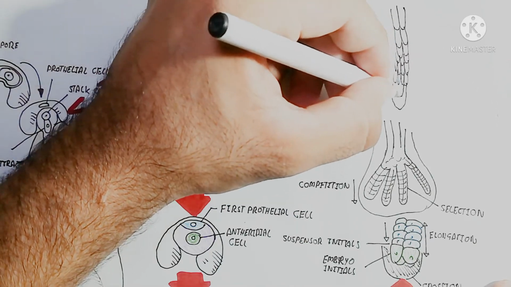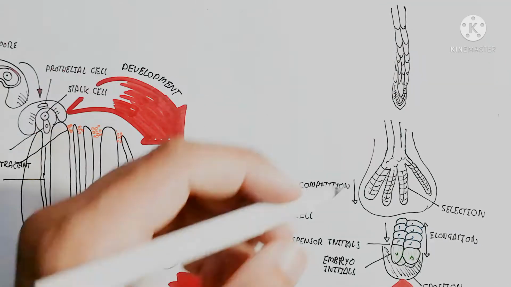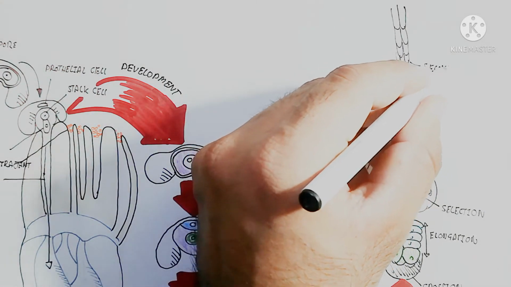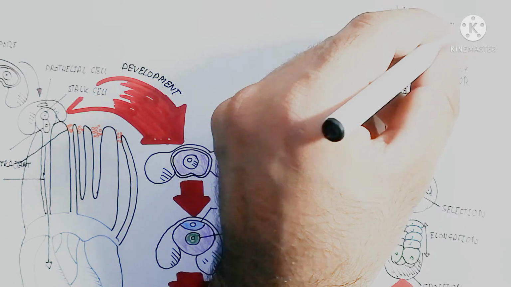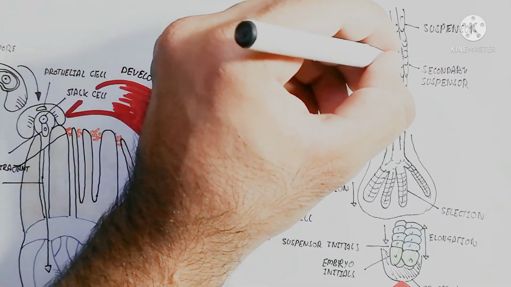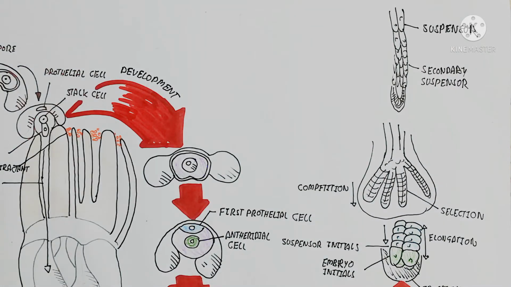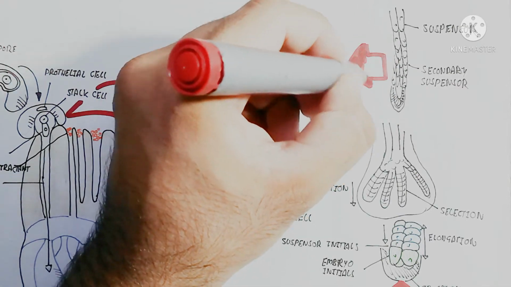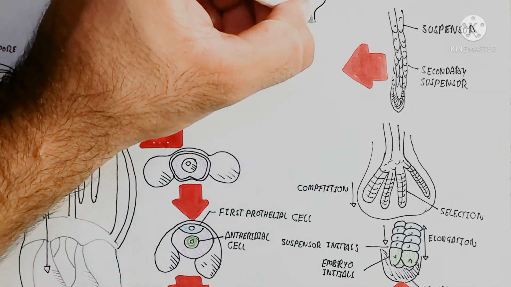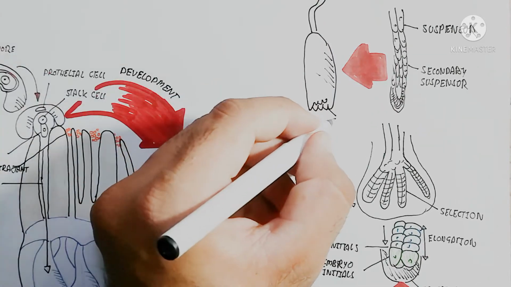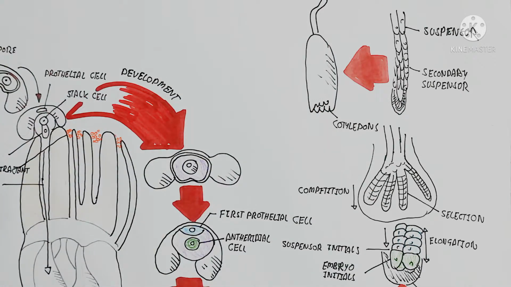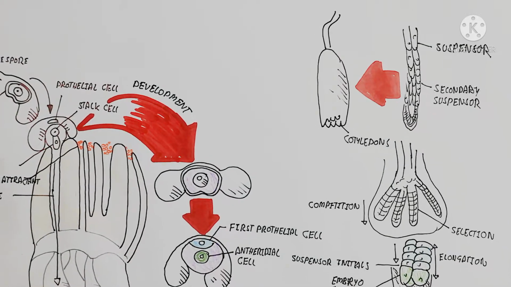So it means competition begins, and that embryo uses more nutrients, which is adaptable, and it will reproduce again after seed germination. So here the secondary suspensor is present, and here is the suspensor, and at the end, the apical tip is the embryo initial.